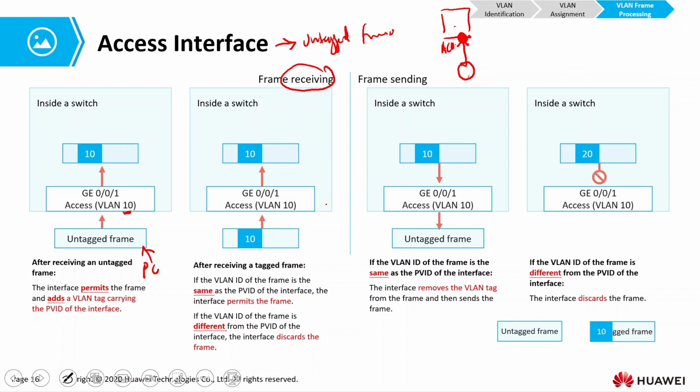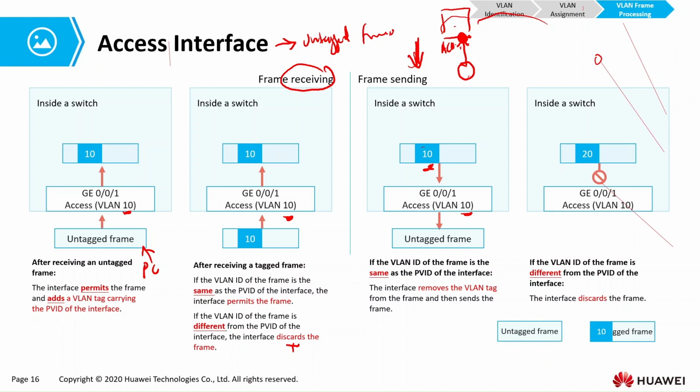What happens if the tag is the same as my VLAN ID? I remove the tag and send it untagged, because on the access interface you can only send untagged frames. If it is different, you just discard it.